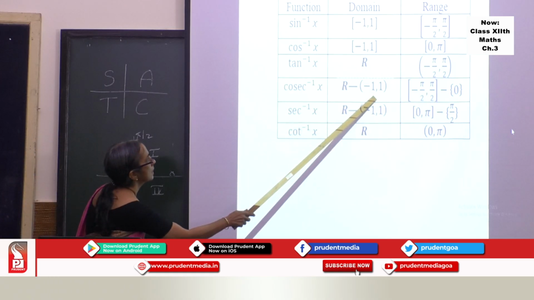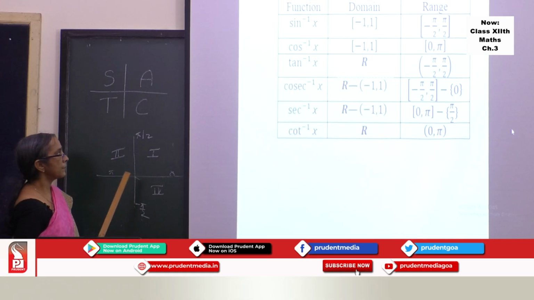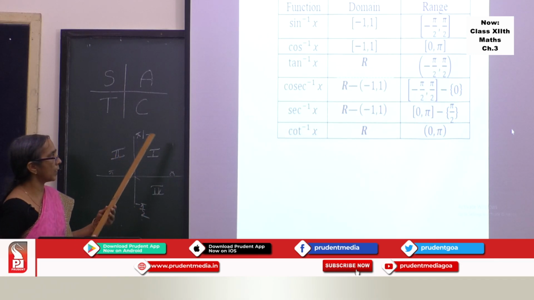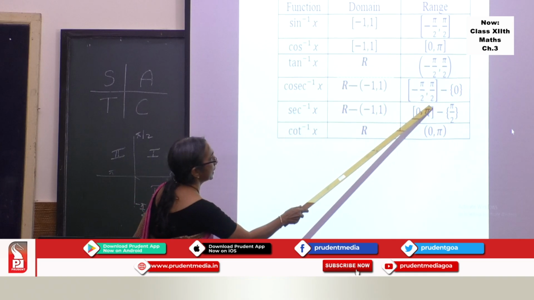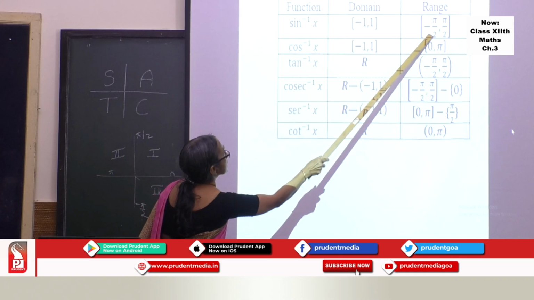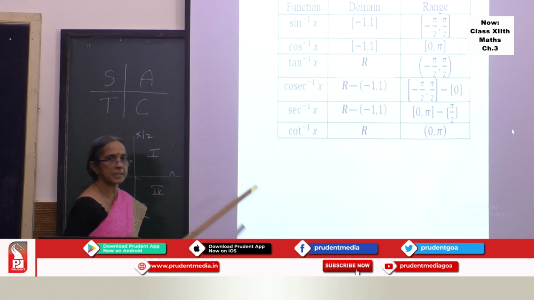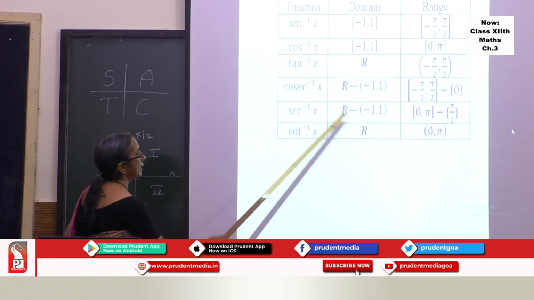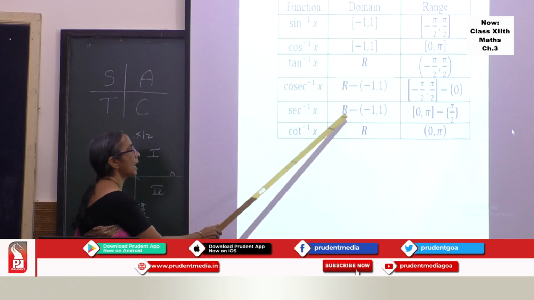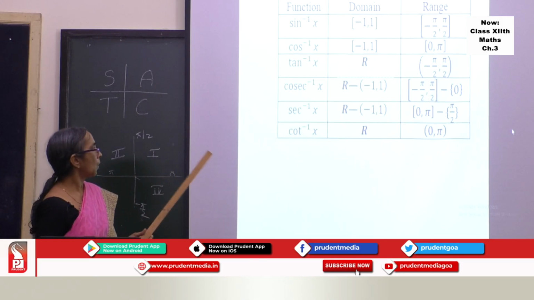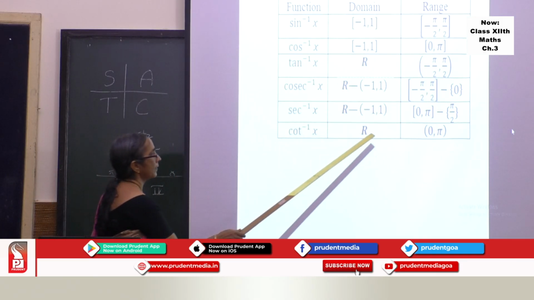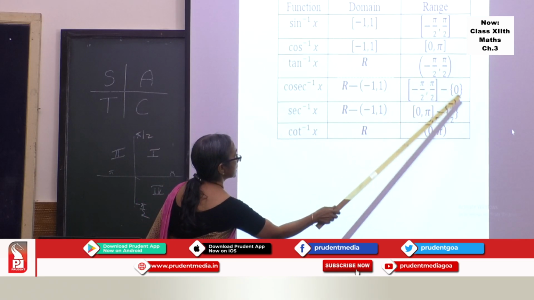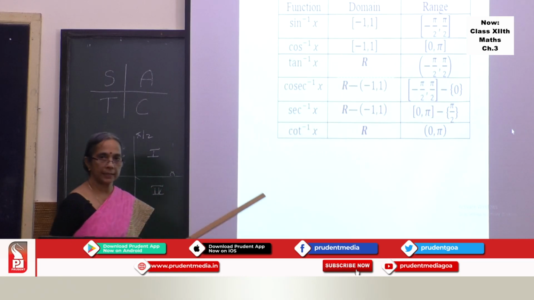Cosec inverse domain is the set of real numbers, removing the open interval minus 1 to 1, and its range is like sine inverse, excluding 0. And sec inverse domain is like cosec inverse: remove the open interval minus 1 to 1, and its range is 0 to pi like cos inverse, excluding pi by 2.